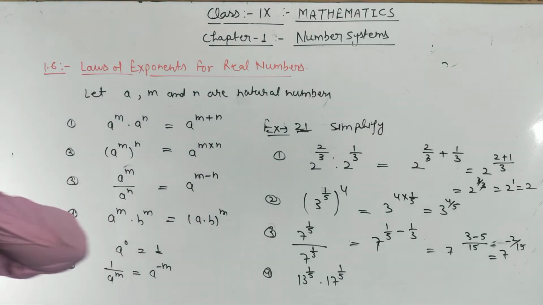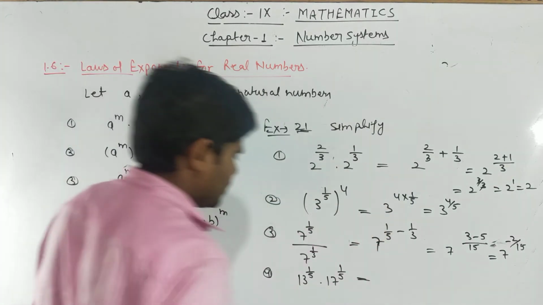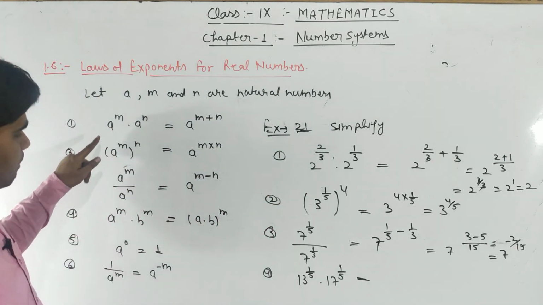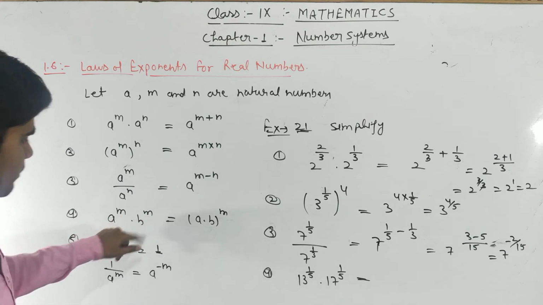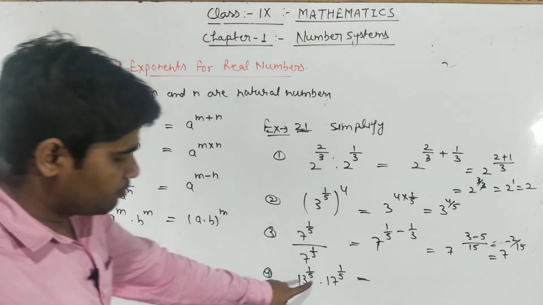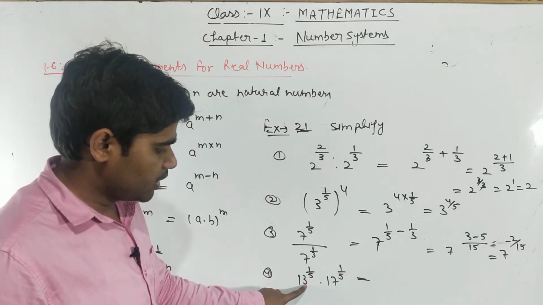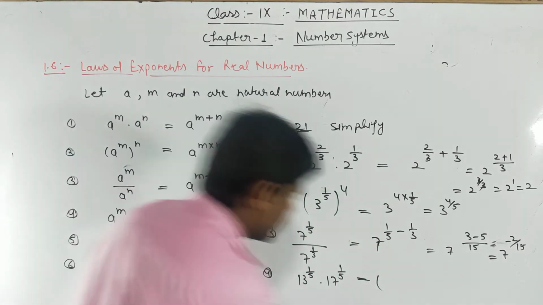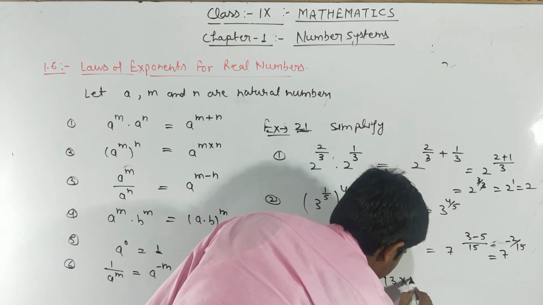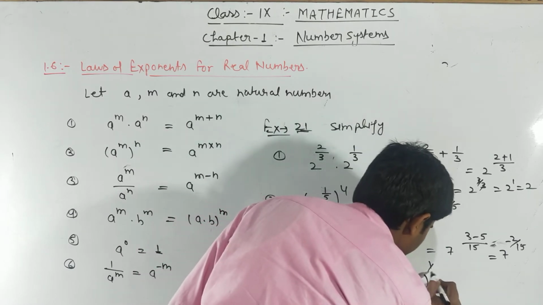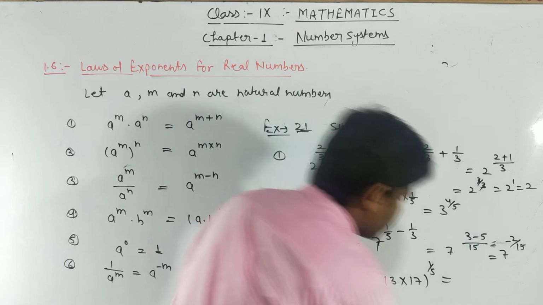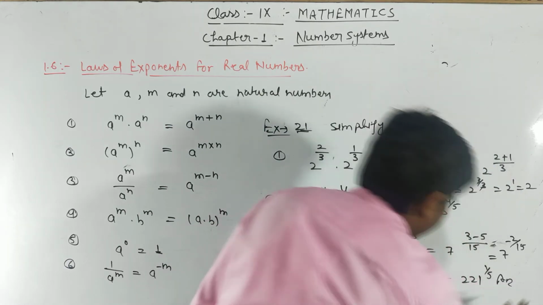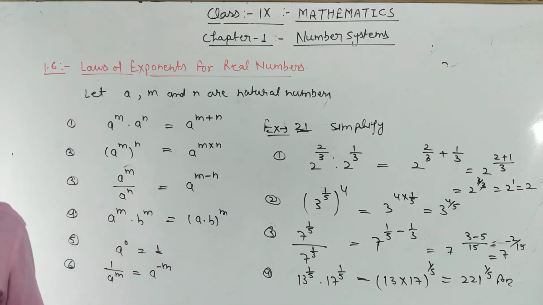Next, a raised to the power m, b raised to the power m, exponent 1/5, a is equal to 13, b is equal to 17. So using this identity, 13 into 17 power 1/5, answer. Okay, simple. Note it down.